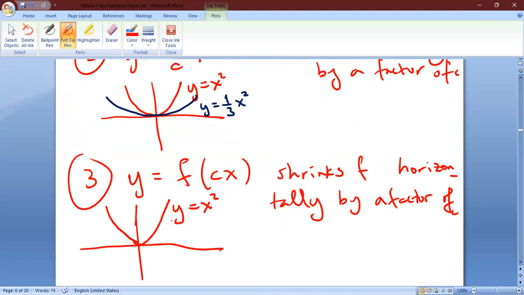Now if we have y equals 2x squared, then this is going to be 4x squared. Then we are going to have something like this. It goes faster than x squared, like 2x squared goes faster than what y equals x squared does.